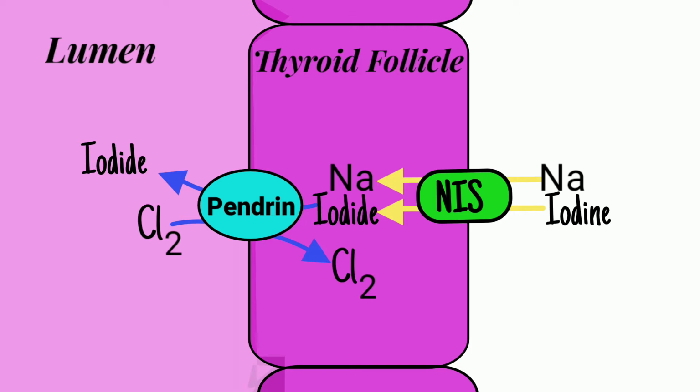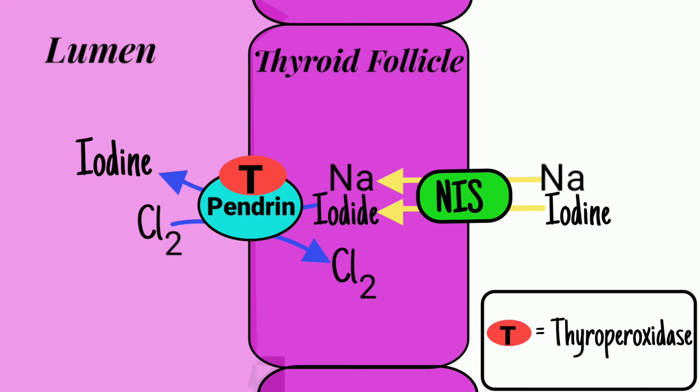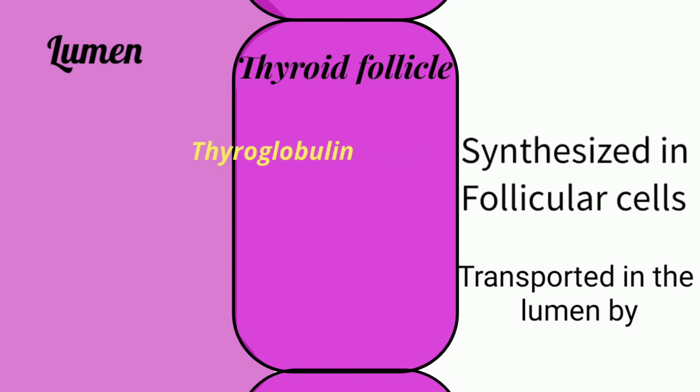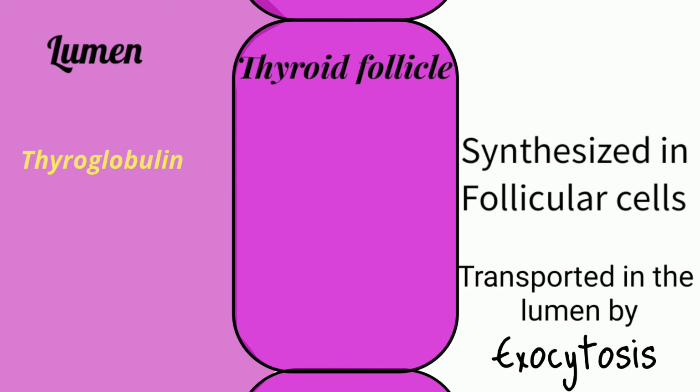During this transport into the lumen, iodide gets oxidized into iodine by the thyroperoxidase enzyme, which remains attached to the apical membrane. Thyroglobulin is another important component that is synthesized in the follicular cells and transported into the lumen by exocytosis.